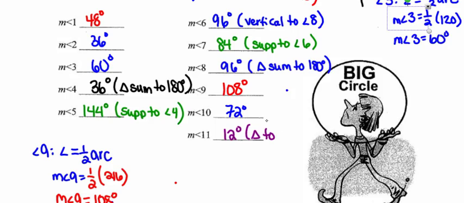Now, I could have also looked at my rule for the vertex being outside the circle, and that would have found the measure of that angle quite nicely as well. So it's important to notice that there are many of these angles that you might find by more than one method.